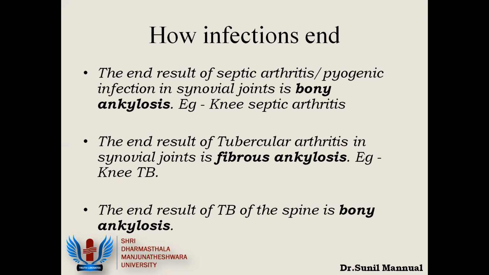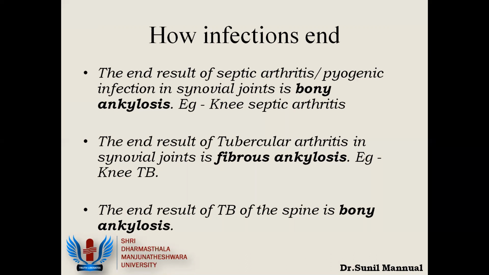The reason for this is because in septic arthritis, within a period of 24 to 48 hours, the entire articular cartilage melts like butter, and therefore the entire articular cartilage is ripped off, and raw bone of either surface of the joint comes in contact with each other and leads to bony ankylosis.